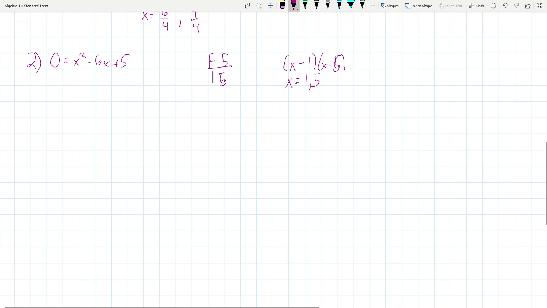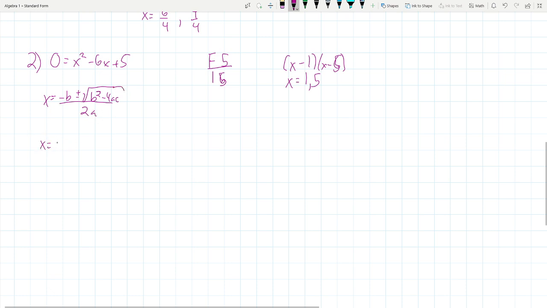If you're in the middle of a problem and you can see that, go for it, use it. However, if you don't see that, you can always use the quadratic formula. So x equals the opposite of b plus or minus the square root of b squared minus 4ac, all over 2a. And I can plug values in.